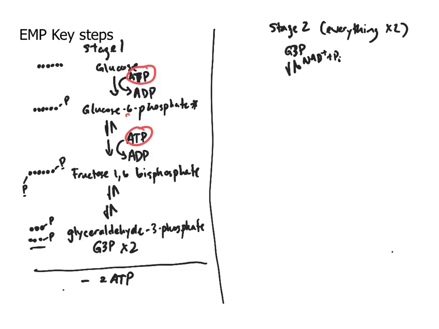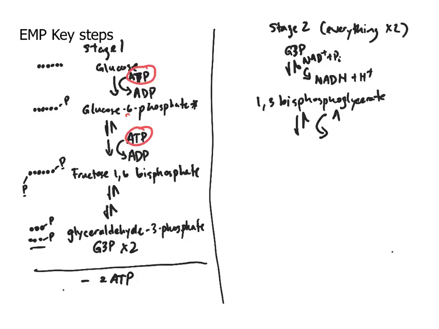At this step here, you end up with 1 NADH, and this is 1,3-bisphosphoglycerate. You can look up what my scribbles are or what the actual names are, but the key is to just know where the energy is coming out.